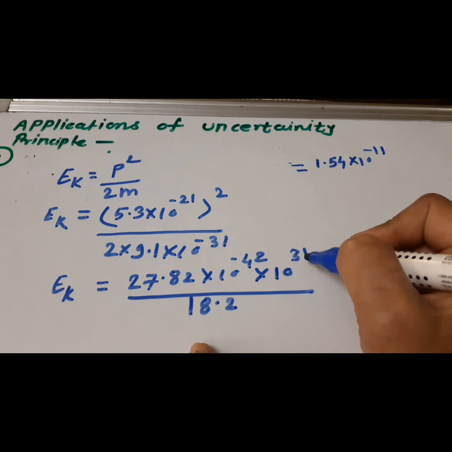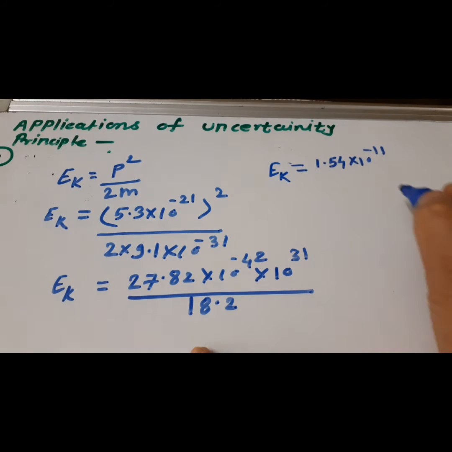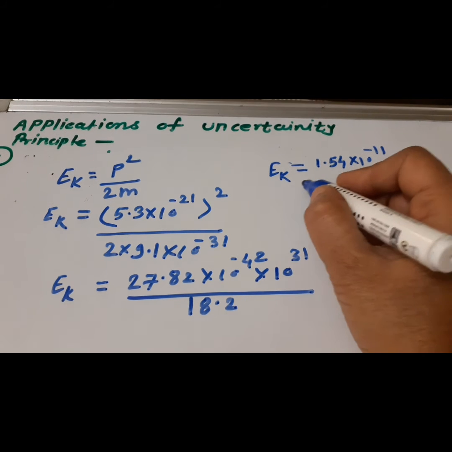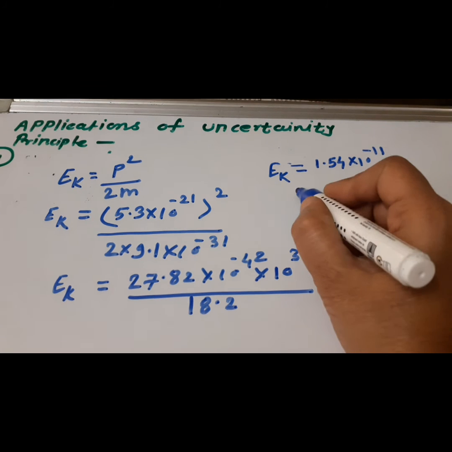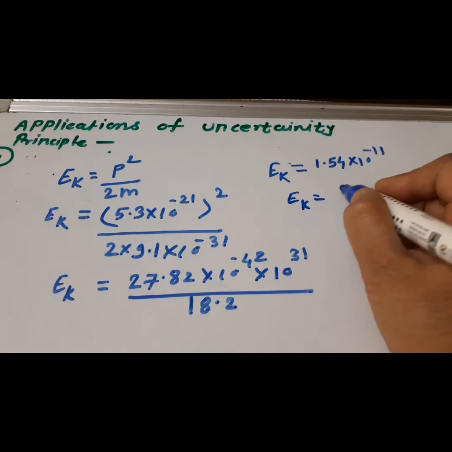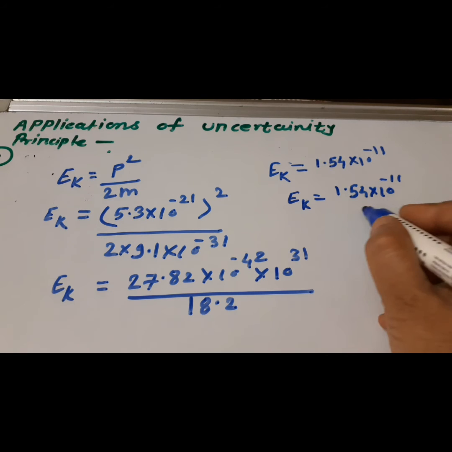This is the value of Ek, but we can calculate the kinetic energy in the form of electron volt, so that we can divide this equation by 1.6 into 10 to the power minus 19, so that Ek is equal to 1.54 into 10 to the power minus 11 divided by 1.6 into 10 to the power minus 19.